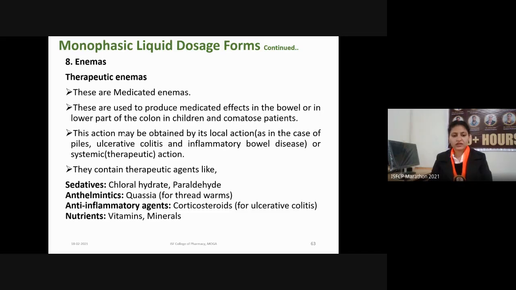They can also be used as anthelmintics. Quassia is used for threadworms. They are used as anti-inflammatory agents. Corticosteroids are used for ulcerative colitis. Nutrients, vitamins and minerals are also given as nutrients.